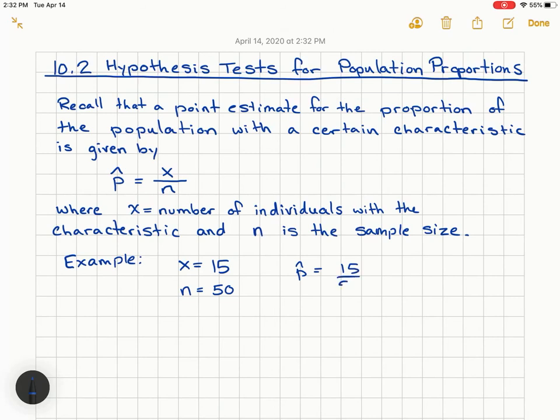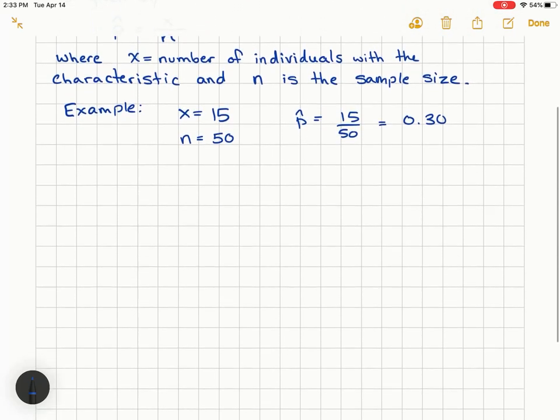So my point estimate is 15 out of 50, or 0.30. So what this means is 30% of my sample eat out at least twice a week. And that's estimating my proportion of the population that eat out twice a week.